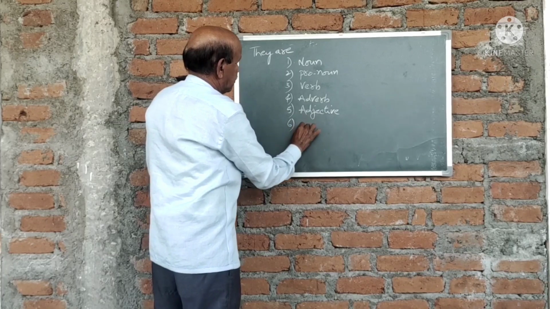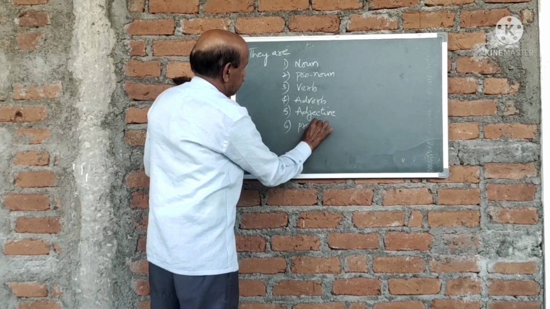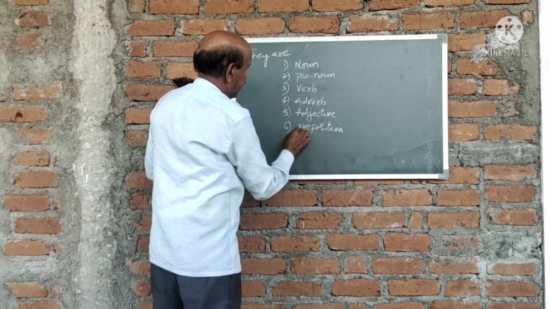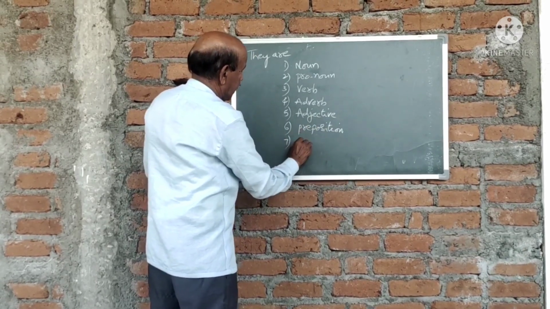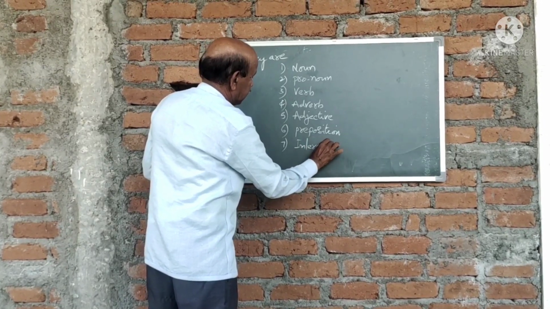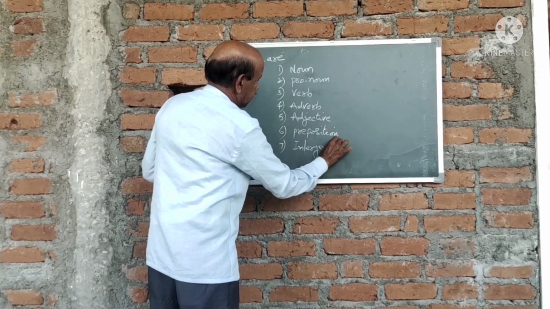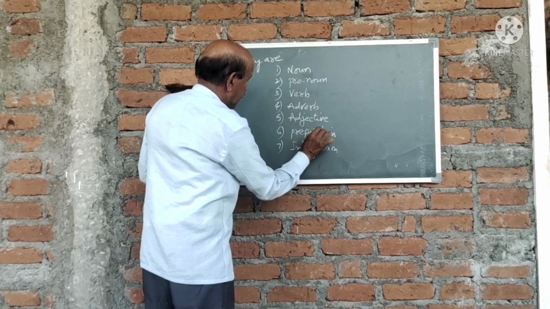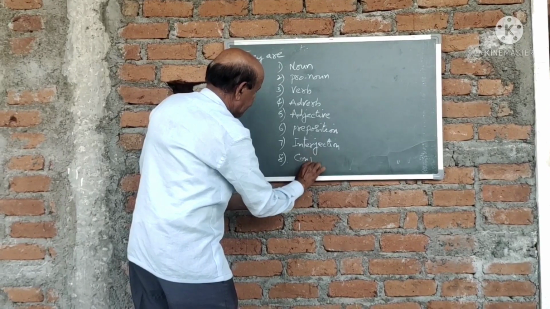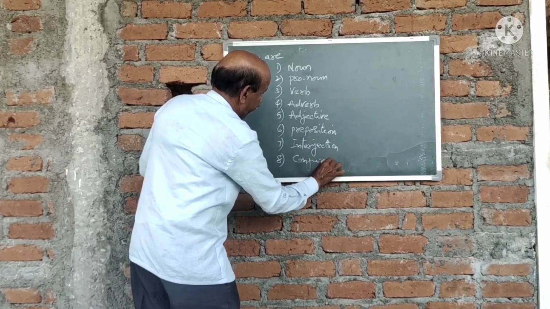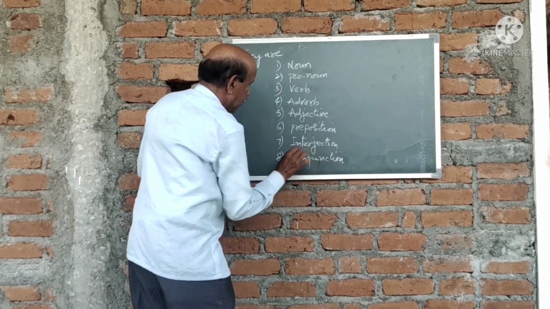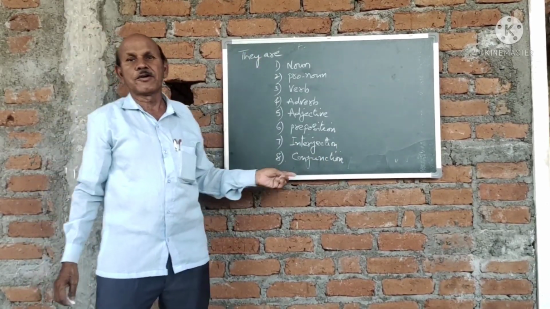Number 6, preposition. Number 7, interjection. Number 8, conjunction. These 8 are called parts of speech.